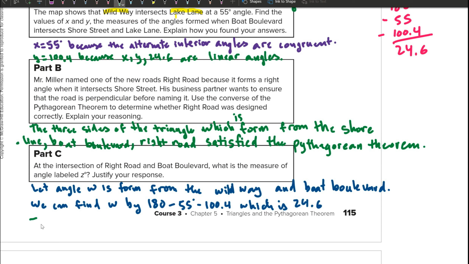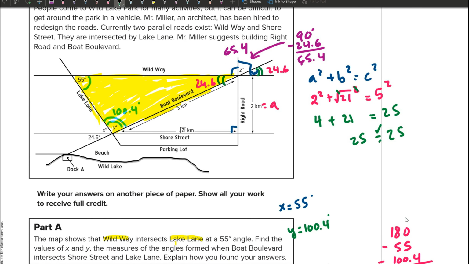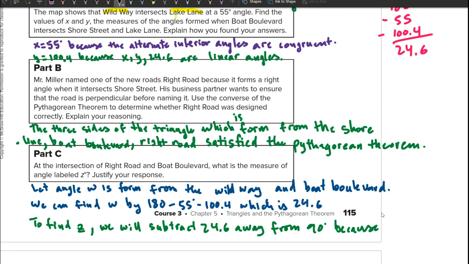Okay. To find Z, we will subtract 24.6 away from 90 degrees, because the right road is perpendicular to Y-Way.